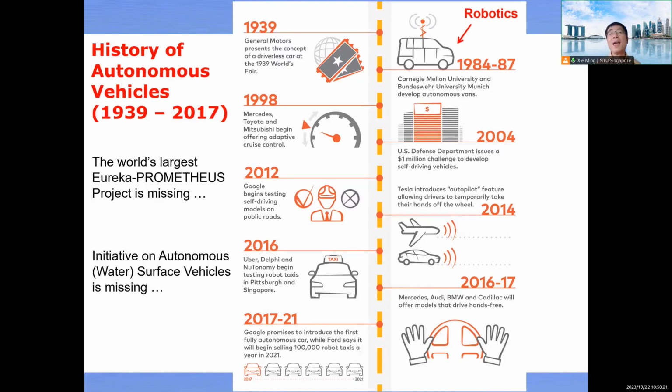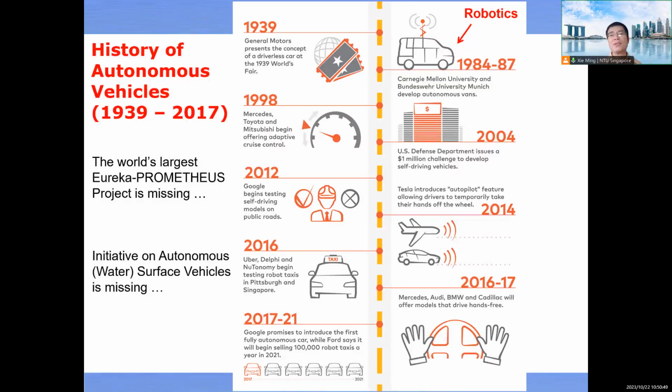Okay, and it is only in the 1980s, with the advance of technology developed in robotics, when people started to apply robotics technology to vehicles, that we really started to see progress towards the development of autonomous vehicle.